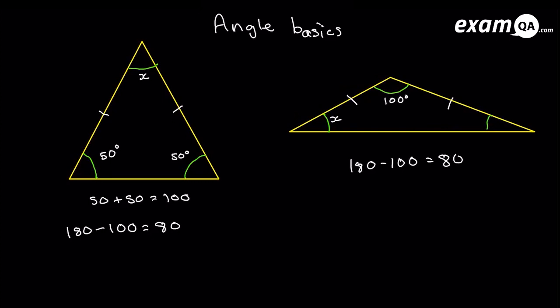And that gives us 80. So we know there's two more missing angles, and they must add up to 80 to ensure the whole triangle's angles add up to 180. And as the two missing angles are the same, we can just halve that remaining 80 to get one of them. And there we have it. X equals 40.